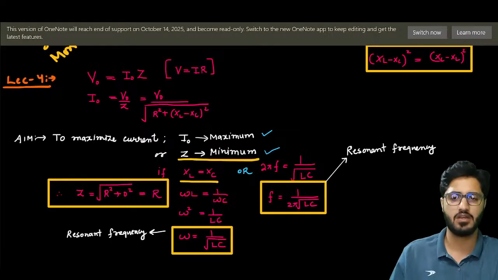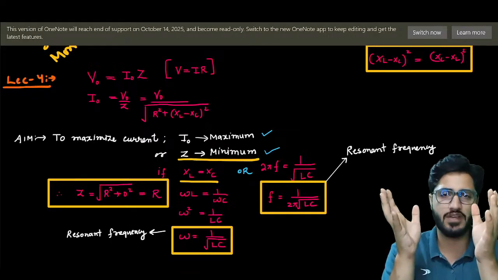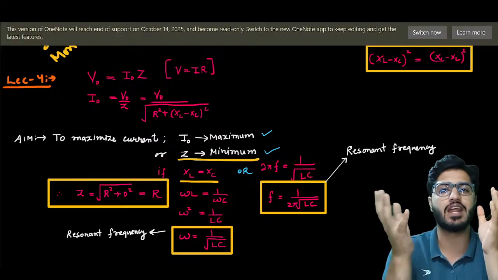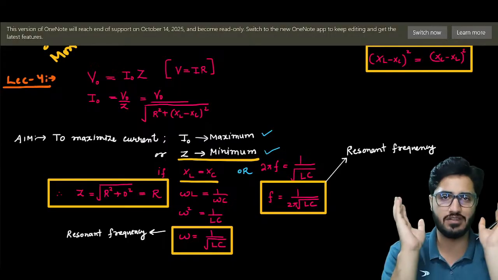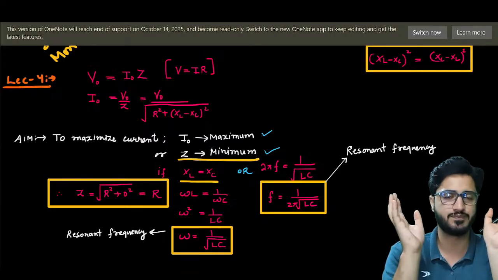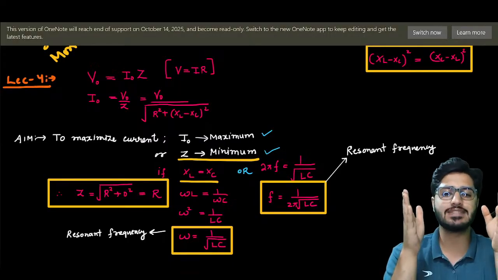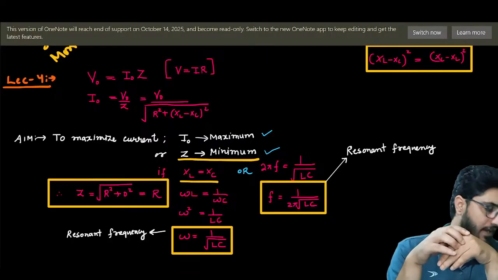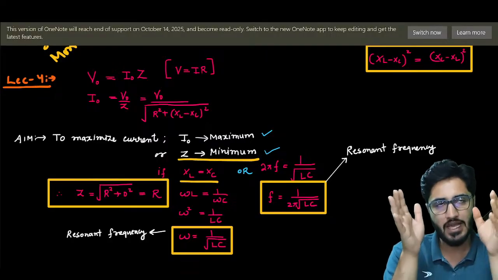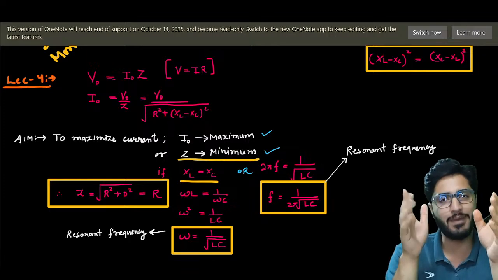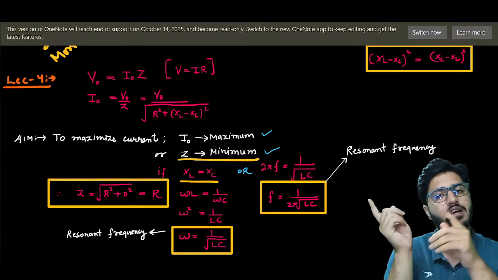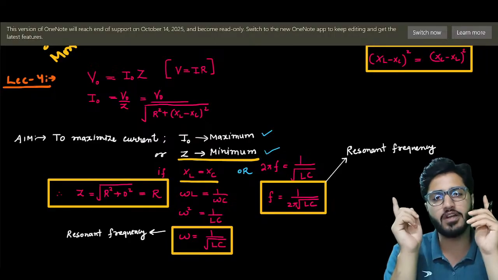We have equipment like the inductor L and the capacitor C, both having their own inbuilt frequencies. Whenever we provide some input, if the input frequency matches the frequency of my electrical equipment, at that particular moment we can call it the resonant frequency.